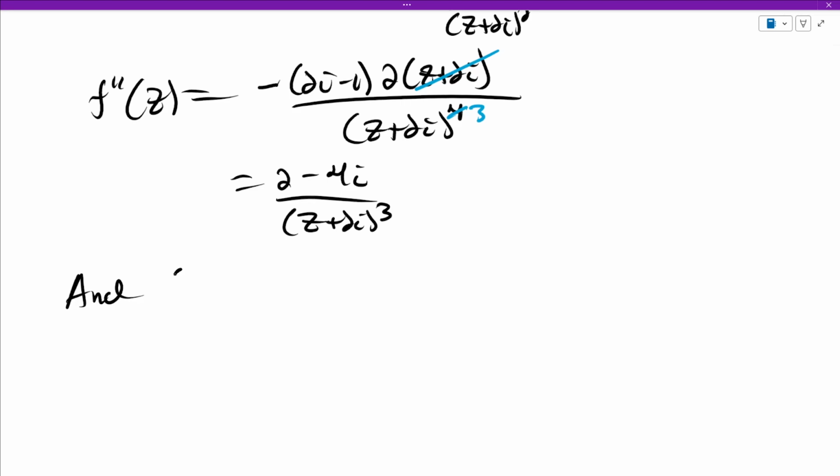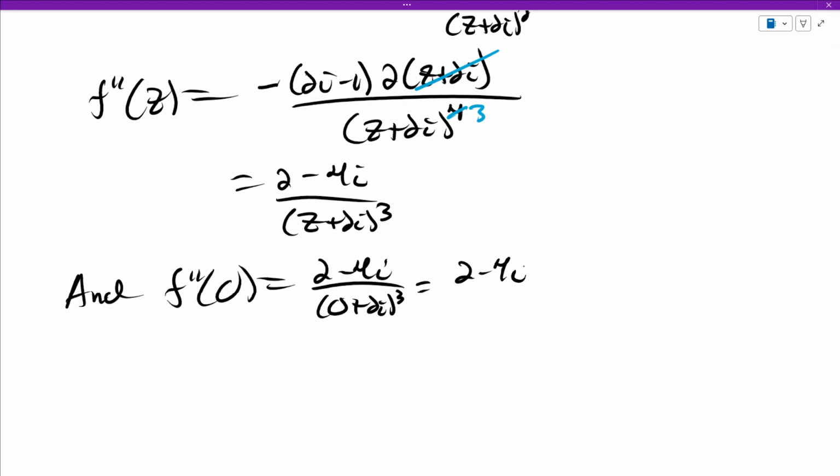So f double prime of 0 is 2 minus 4i over (0 plus 2i) cubed. So that's 2 minus 4i over negative 8i, which is 1/4 i plus 1/2, I think, if you sit there and do that. Is that right? Looks right.